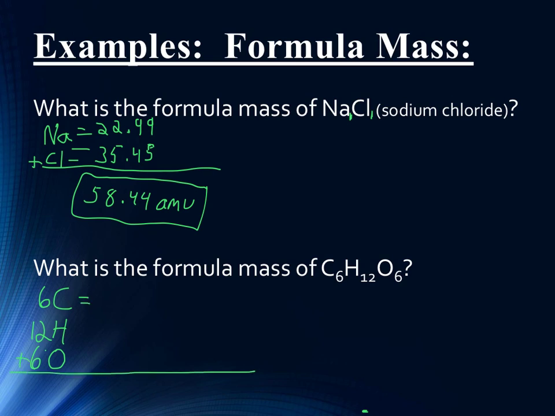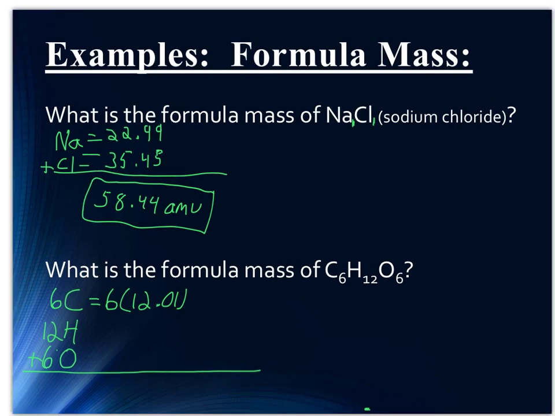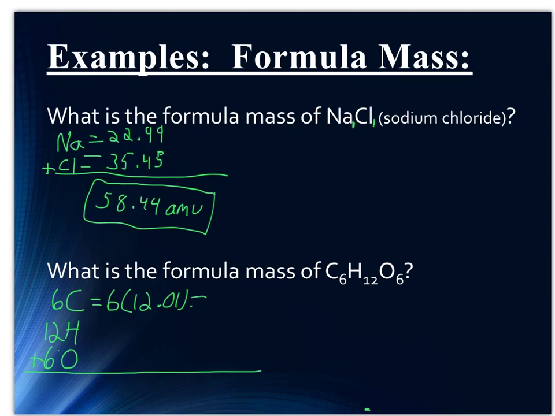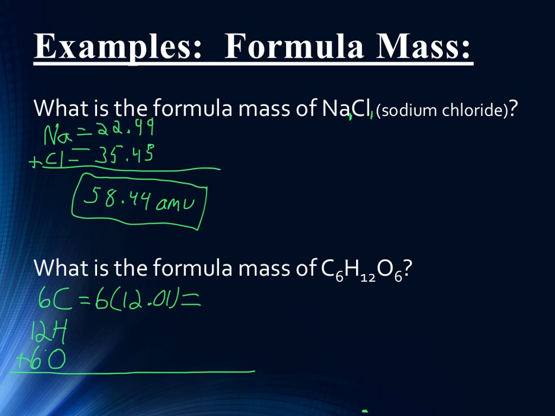So 6 C's is 6 times the mass of carbon. Carbon's number 6. Periodic table, second row down, 14th column across. It's 12.01. 6 times 12.01 is equal to 72.06. 12 H's is 12 times the atomic mass of hydrogen.